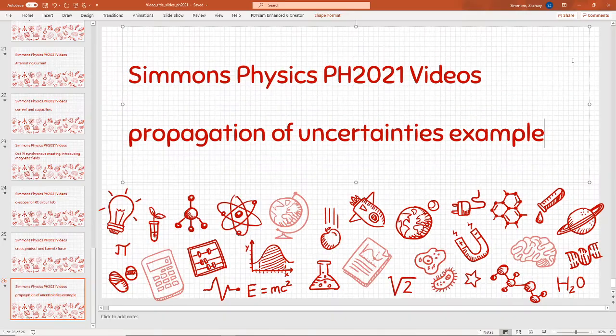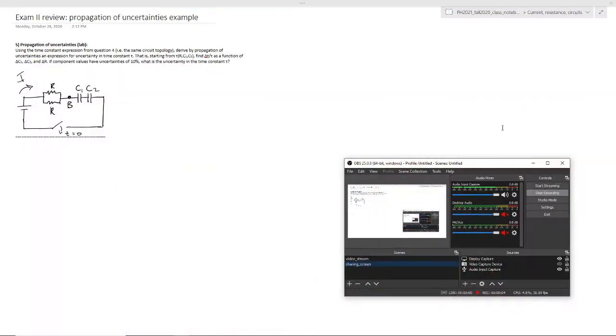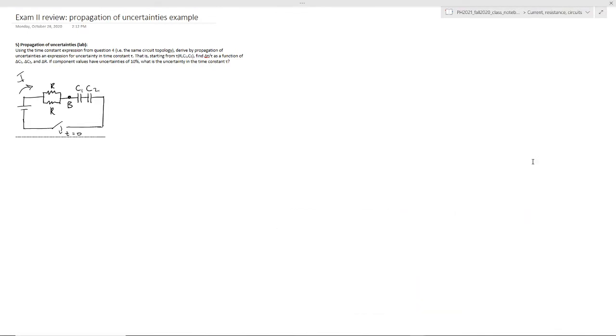Okay, let's look at this propagation of uncertainties issue a little more in detail, a little more carefully. From the exam review, we had this question, and we talked about already how the time constant for this configuration would look like R over 2 times the product of these capacitors over their sum.